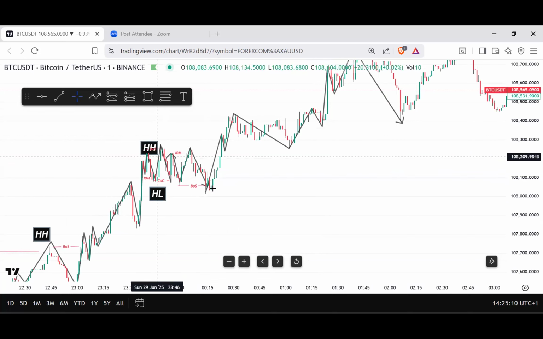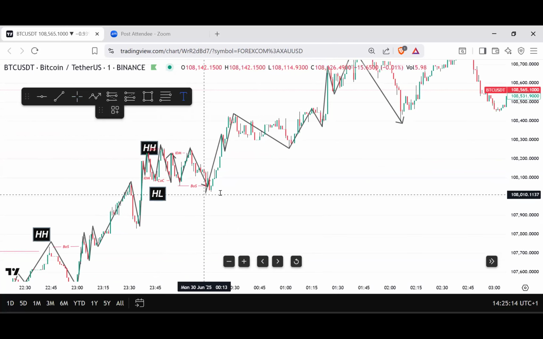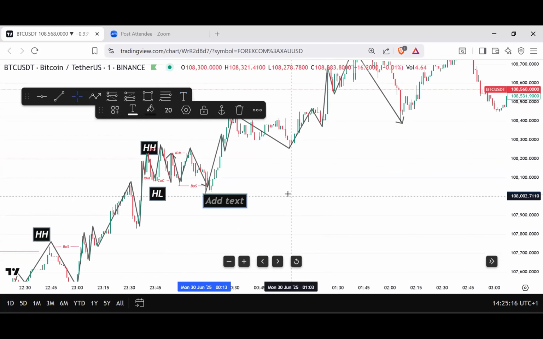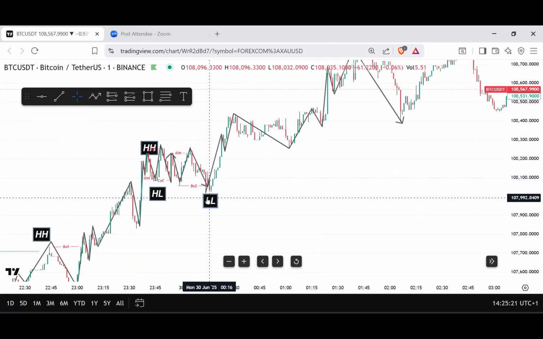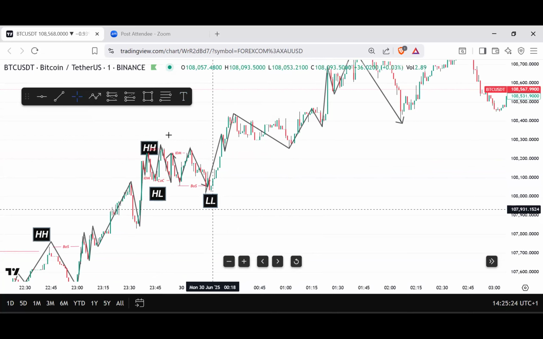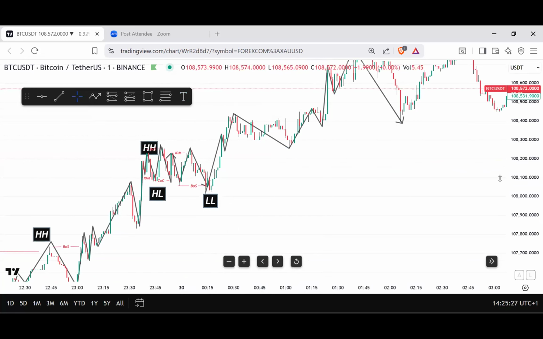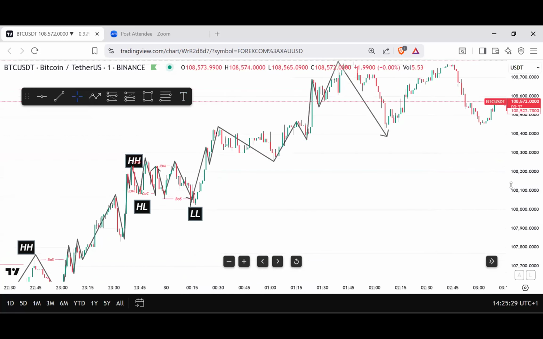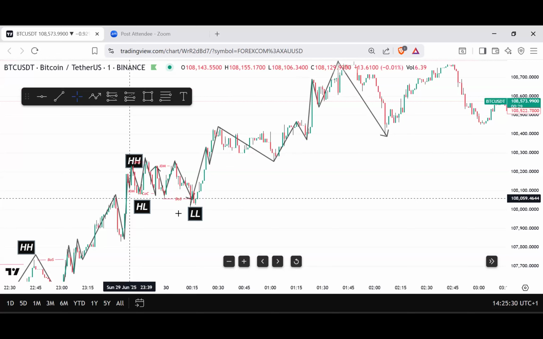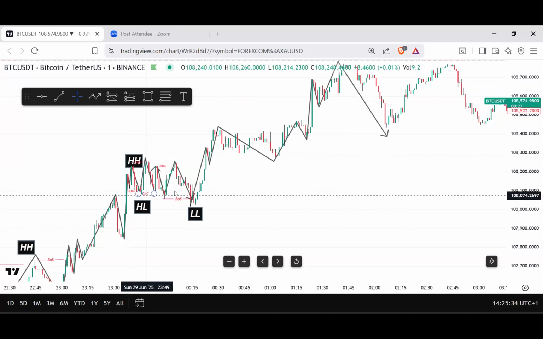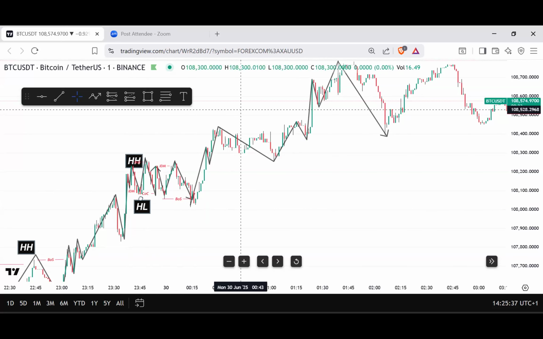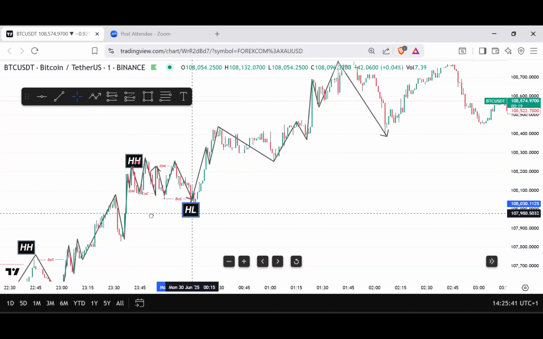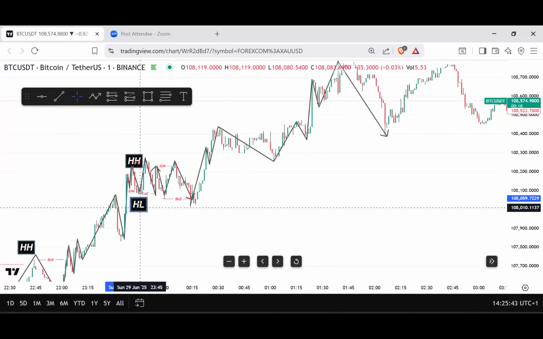What happened here? This was the lower low. In this case, there's something we usually do if the trend changes immediately like this. We usually say that it was this higher low that transferred. We'll move to this place.